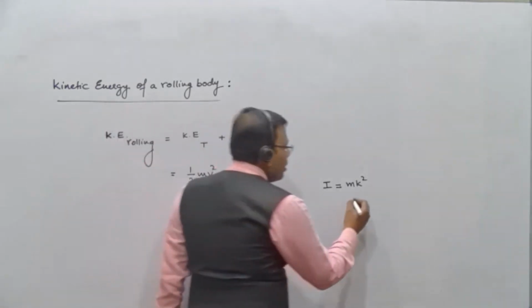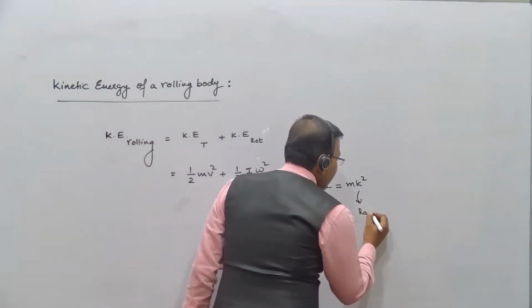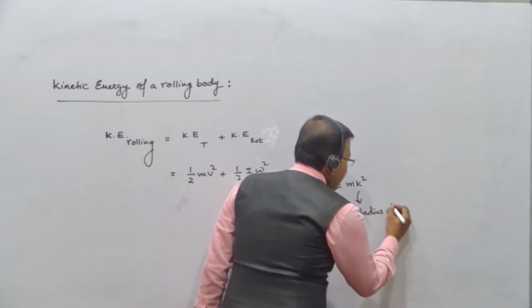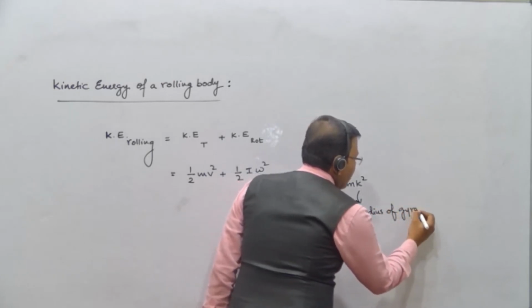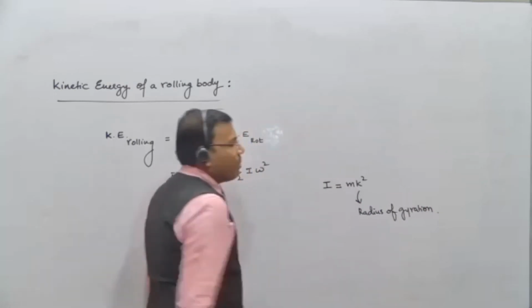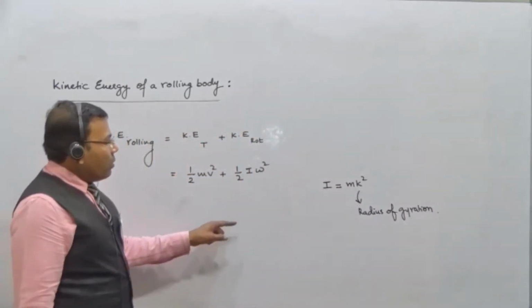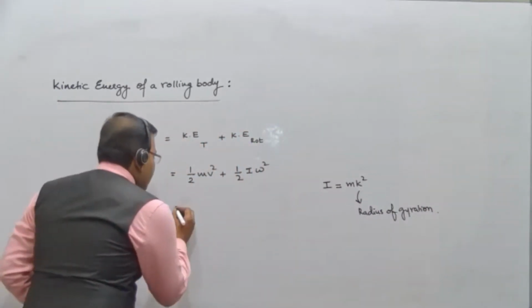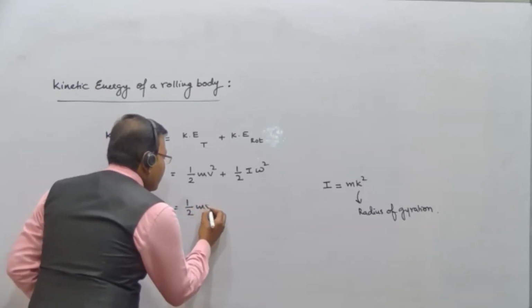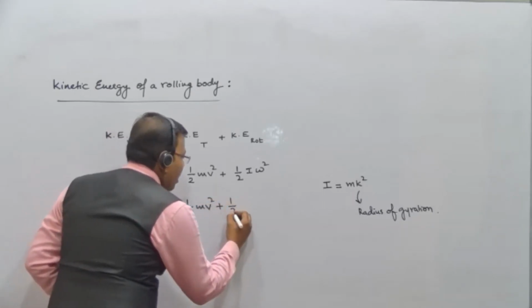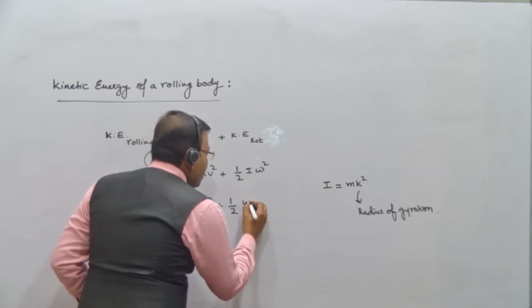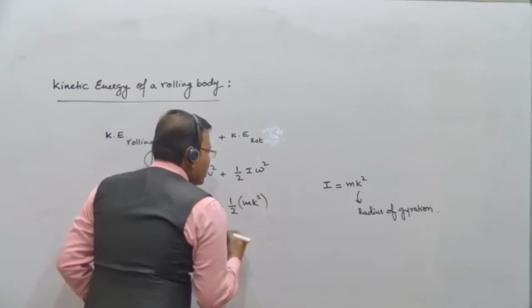K is radius of gyration, and we call it the effective distance of all the particles. Now in place of I I will write that only, that is half mv square plus half, what is this I, it is nothing but mk square, moment of inertia mk square.